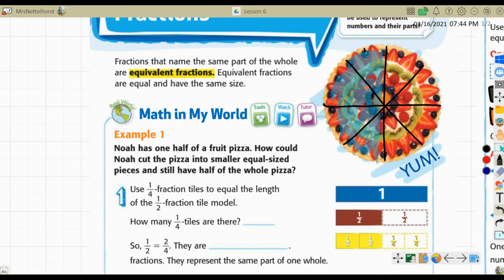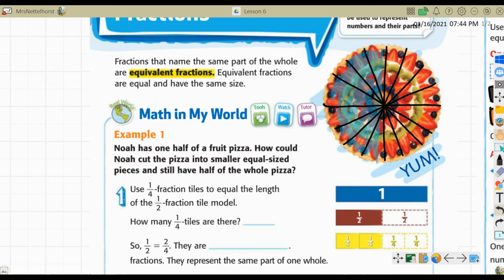If I want to live really dangerously, I can cut each eighth in half, and I will end up with 16ths. If you count the pieces that have blue on them, you will see there are 8 out of 16. So 8/16 is equal to 1/2.